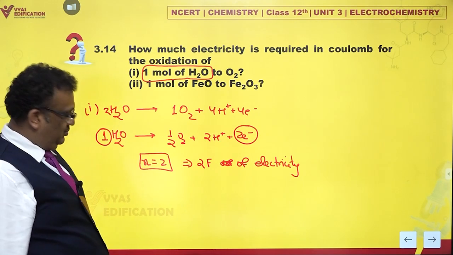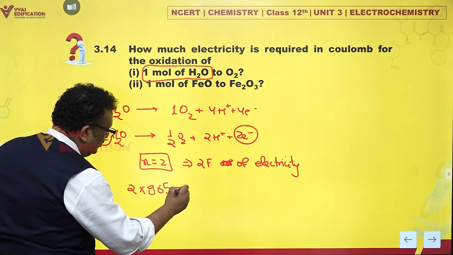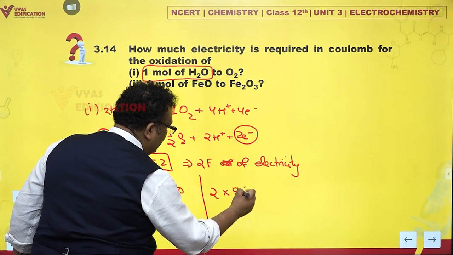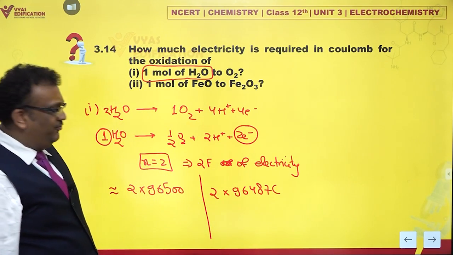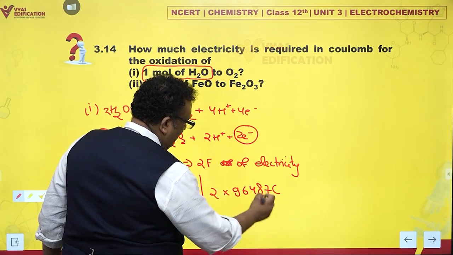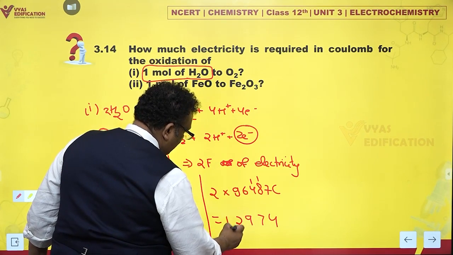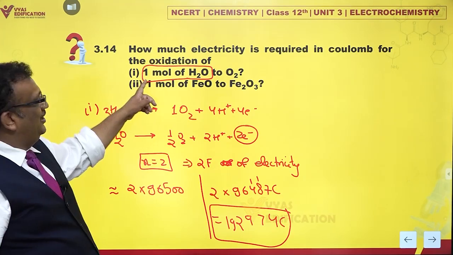In coulombs, I can do this in coulombs also. 2 into 96500 approximately, or accurately 2 into 96487 coulombs. So whichever suits you, you can take that. I'll go for the accurate answer. So many coulombs would be required for case 1.